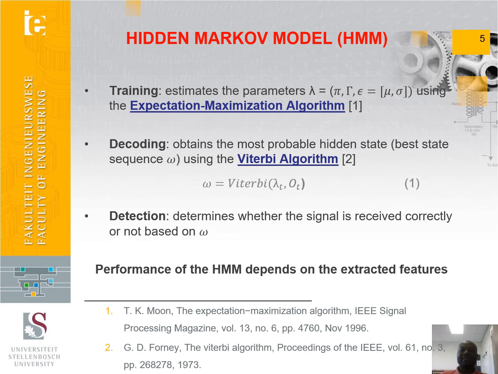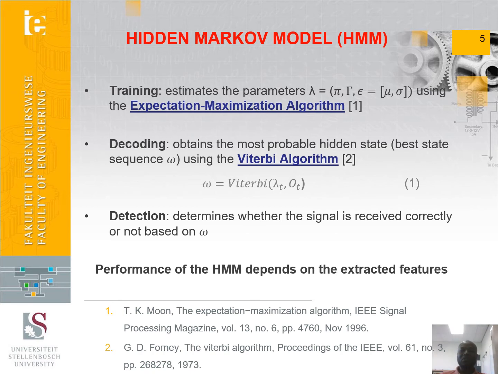This matrix is associated with observation symbols, and in this case, we have mu, which is the mean, and sigma, which is the standard deviation matrix. Then, during decoding, the most probable hidden state of the model is obtained using an algorithm known as the Viterbi algorithm. And subsequently, detection is performed on omega to determine whether or not the signal is received correctly.